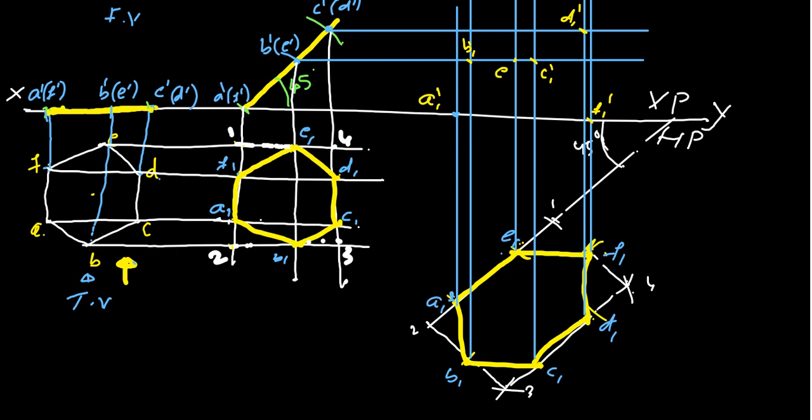So A to B, B to C. The middle one is not C, it is E. We have made some mistake here. So this is E and C is here, right? C point is meeting somewhere here. So this is C dash actually, and E and E are right. So there is only a mistake with C.